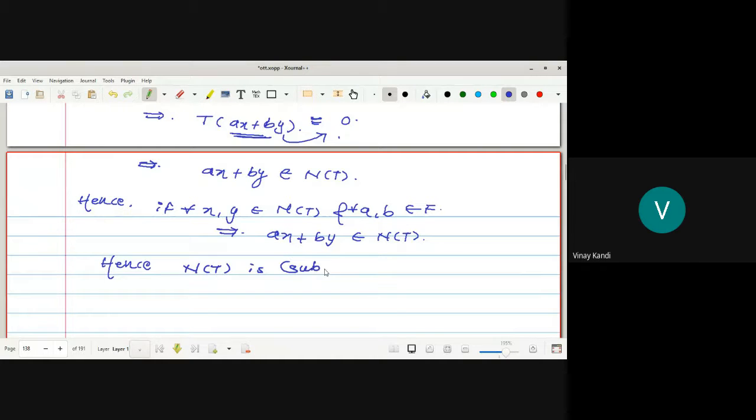Itself it is a vector space, but it is contained in V, so it is a subspace of V over F. Hence the proof. Any doubt?